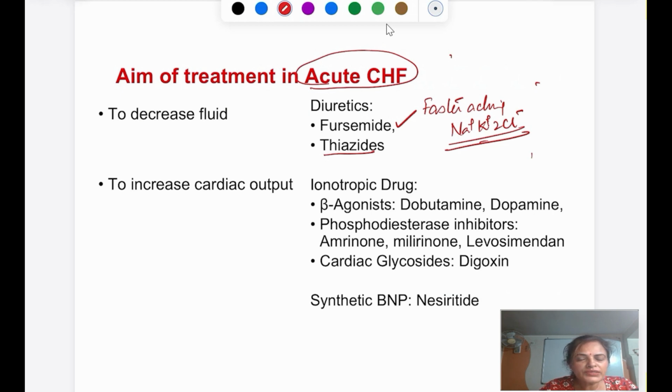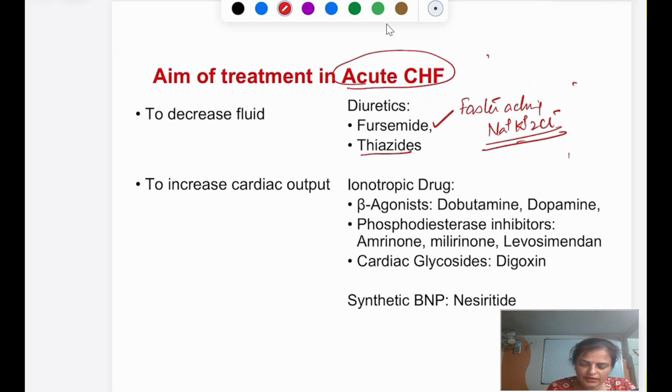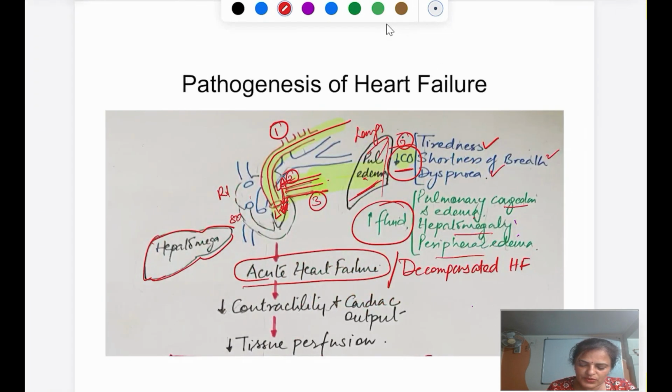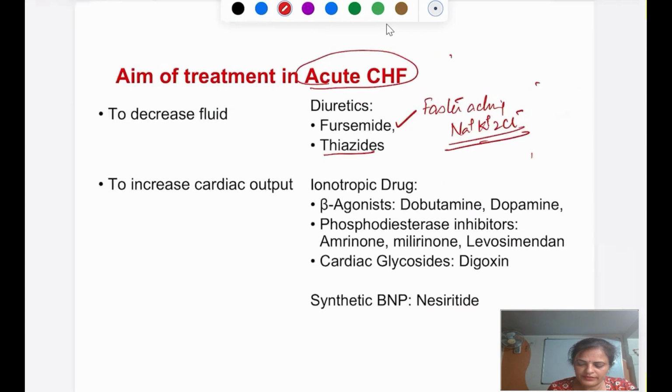By causing the diuresis, the person will be relieved from the pulmonary congestion and pulmonary edema. Another is by decreasing the preload. If it works on the right side, it is going to decrease this preload. This way, it is going to give the relief in acute CHF.